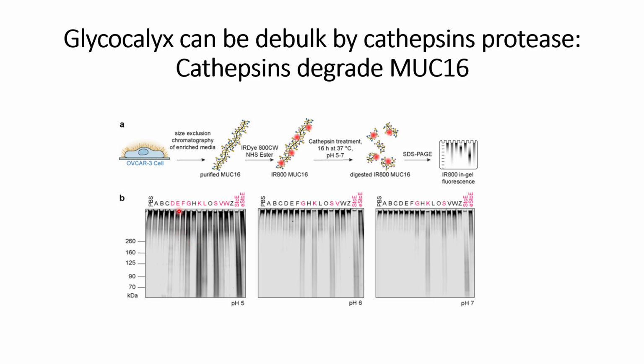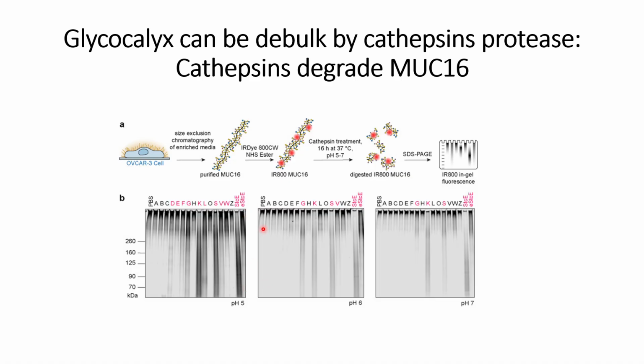The potential cathepsins that work at different pH are highlighted in pink, and these preliminary results are based on in-gel fluorescence indications in the SDS-PAGE experiment. We can see that the potential candidates at pH 5 are cathepsin D, E, F, G, K, L, S, V, W, and these are the controls.